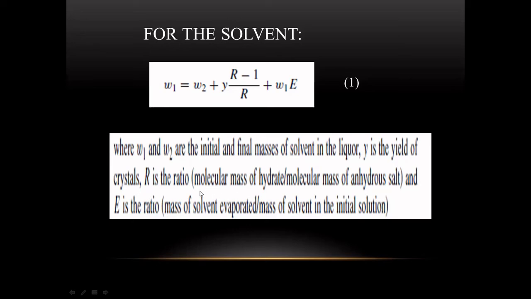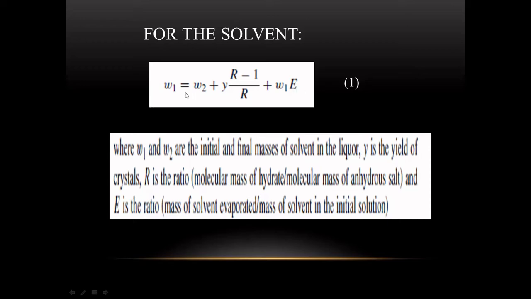So that's your R. Whereas the E here is the ratio of the solvent evaporated to the solvent present in the initial solution, something like how much of the solvent present in your initial solution was evaporated. This amount is expressed in terms of a ratio. So that's your E here.